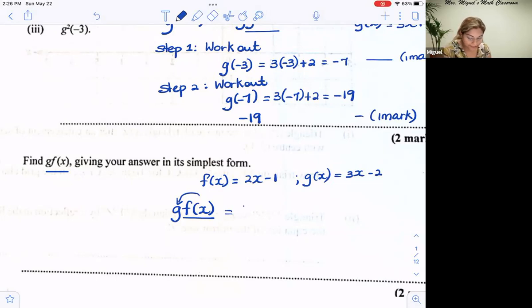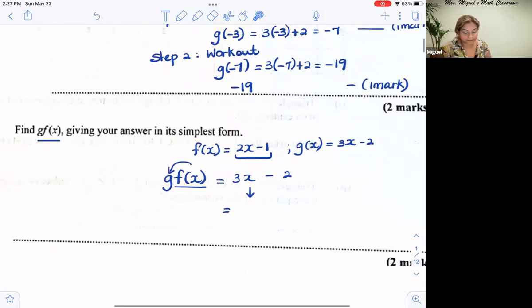So you can start by writing the g function. And in place of the x now, you can replace x with the whole function. So go ahead. The question also said to simplify it. So you need to apply the distributive law and multiply each of the terms inside the bracket by 3.